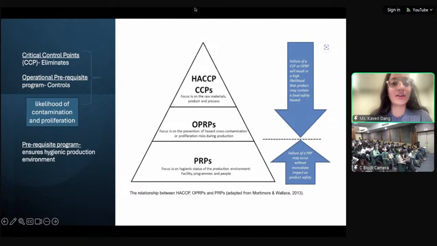They are one step before the actual event. So if we have a failure in PRPs, we still have some scope where we can improve and make sure that it does not get to the point where we have to put critical control points in place. So this is a small figure that shows how these three things are interrelated.